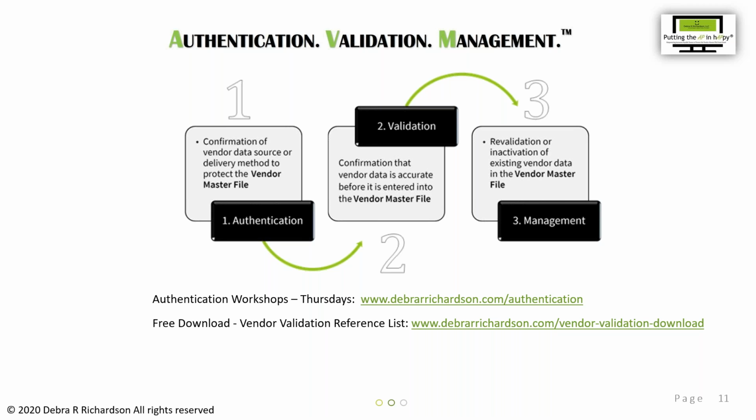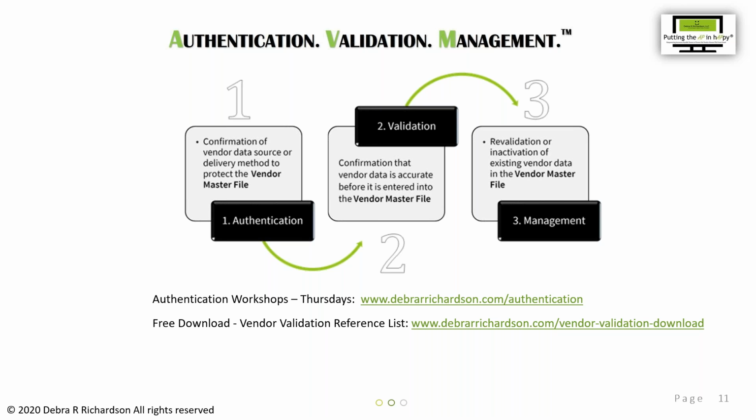Now, the third step is management, where you revalidate or inactivate existing vendors in your vendor master file on a consistent basis. And I do want to stress consistent basis. So inactivating those vendors you haven't done business with in 15, 18, or 24 months, and then checking for duplicate vendors, which can be an issue or an indication of fraud and also duplicate payments.